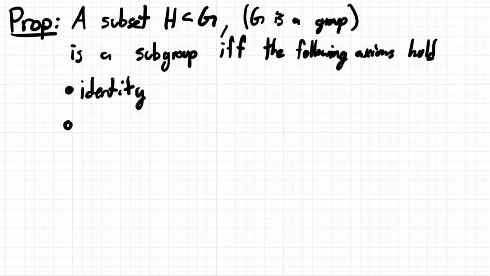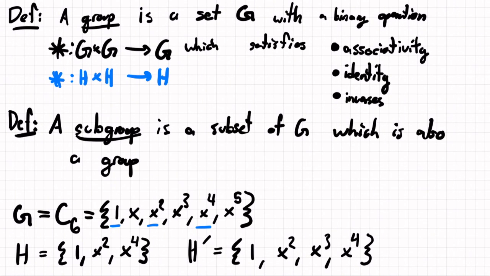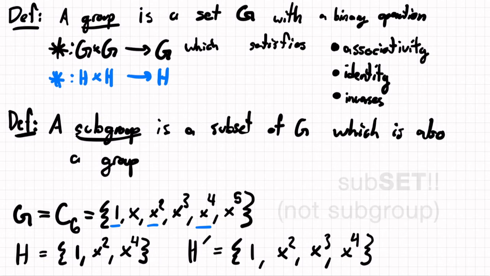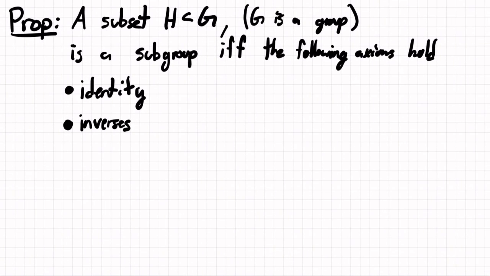The identity axiom, the inverses axiom. That's another thing, actually: the set H prime does actually satisfy the inverses axiom. The inverse of x cubed is just itself.